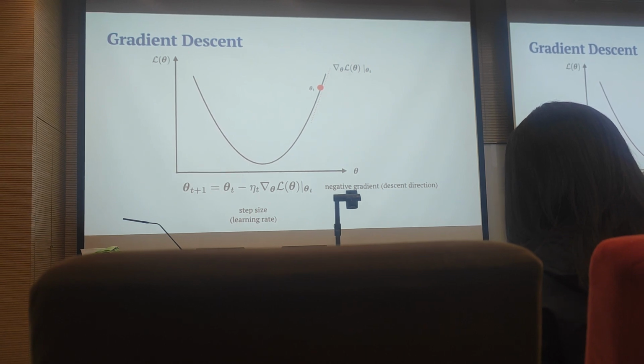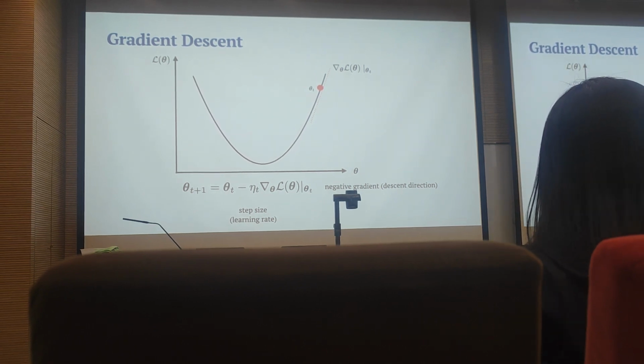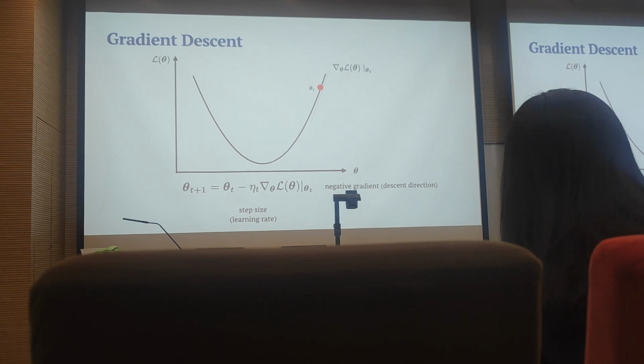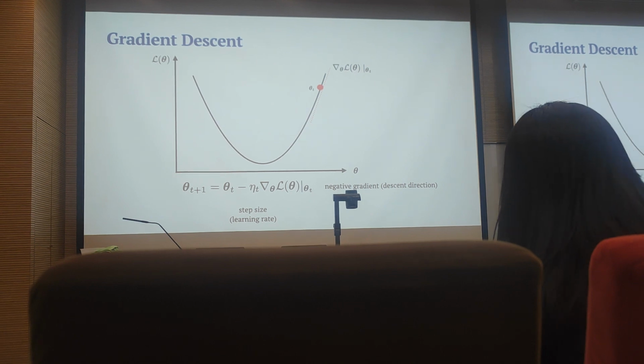The loss function is a function of theta. If you change the value of theta, you have different loss, just like if we change the value of W1, W2, and B.